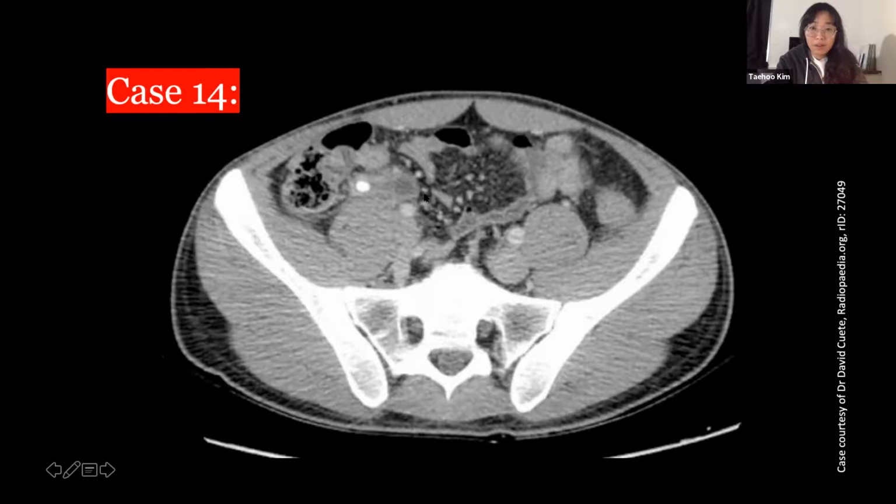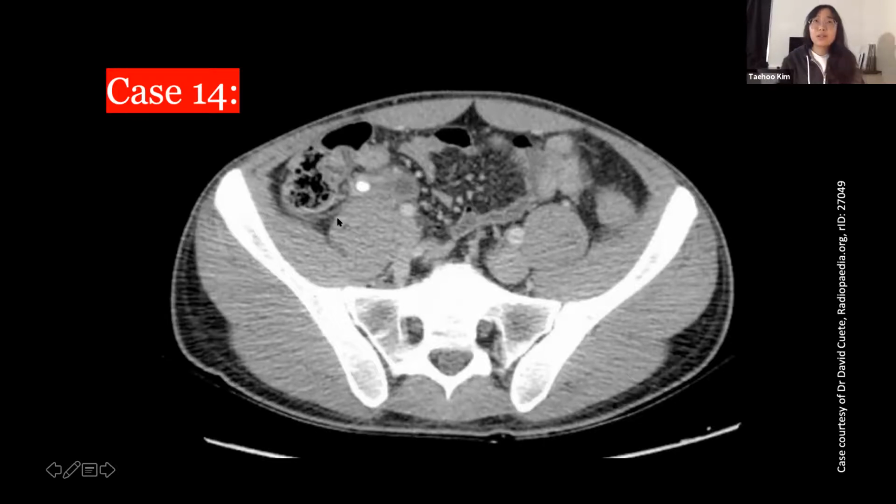So in keeping with acute uncomplicated appendicitis. If you had more fat stranding than this, like more fluid around or more dirty fat stranding around, and the wall is discontinued, then that's when you call that it can be perforated. But here, I can still trace the wall with my pencil, so I'll call this uncomplicated.